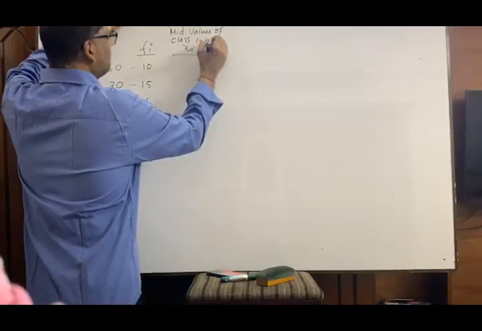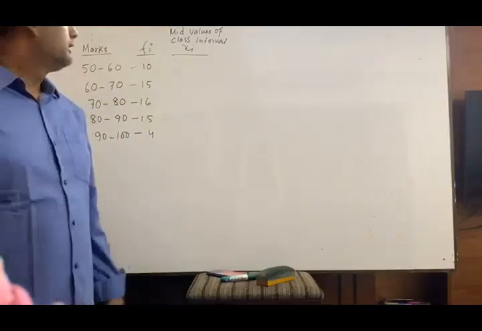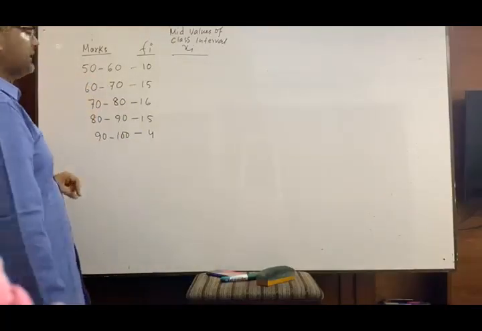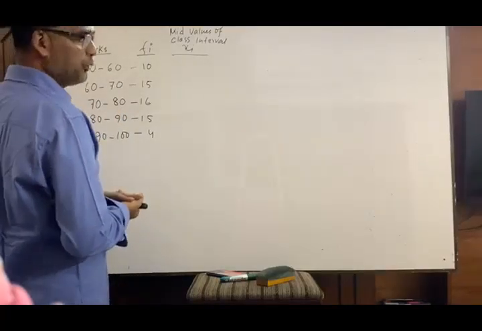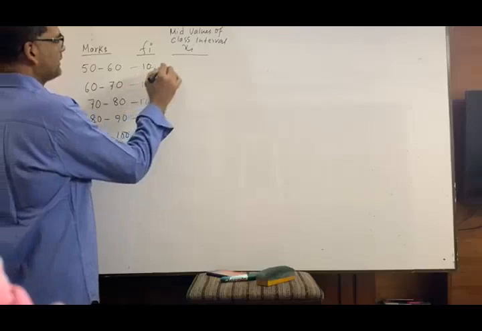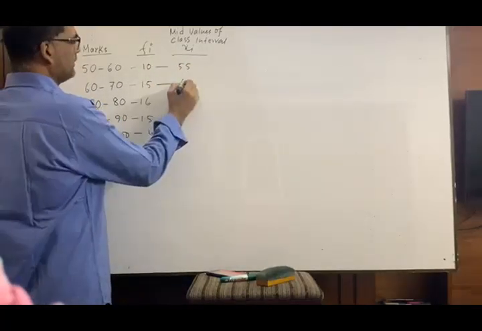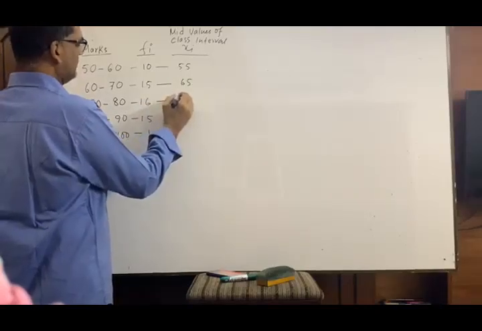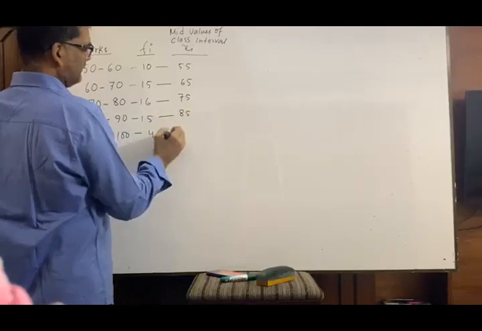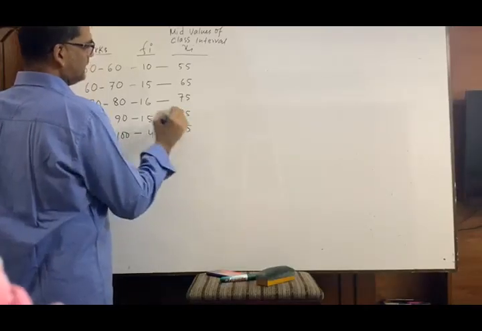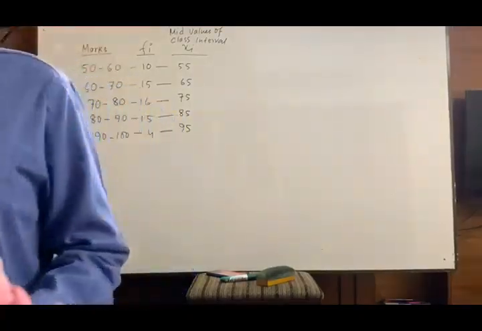We add the lower limit and upper limit and divide by 2. So we will get 55, then 65, then 75, then 85, then 95. I think all of you can do this maths.